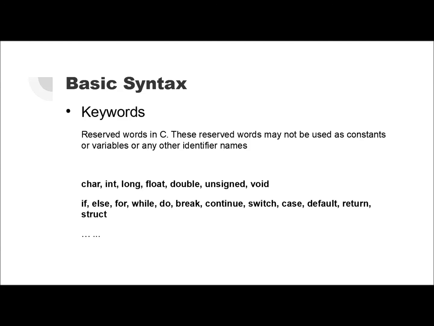If it does not say that, you're in trouble. Now here are some examples: char, int, long, float, double, unsigned, void, if, else, for, while, do, break, continue, switch, case, default, return, and struct. The first ones are data types. The others are loops, decision-making statements, and their controls.